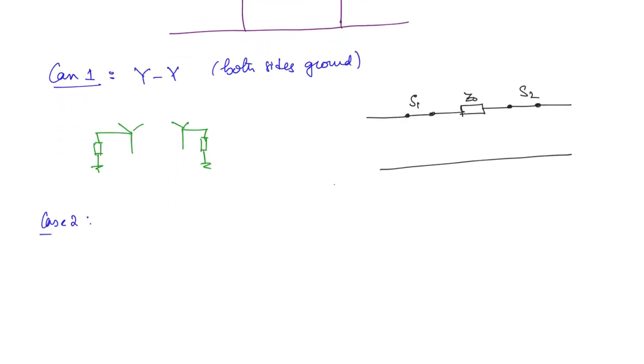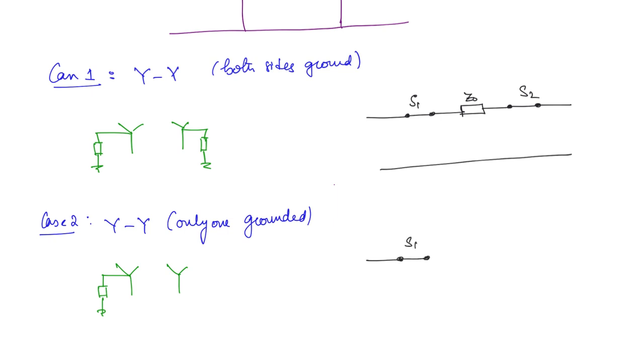Next we will consider another case. Case 2 is star-star but only one side is grounded. Let us say we take the primary side to be grounded and the other side not grounded. Here S1 is going to be closed and S2 is going to be open.